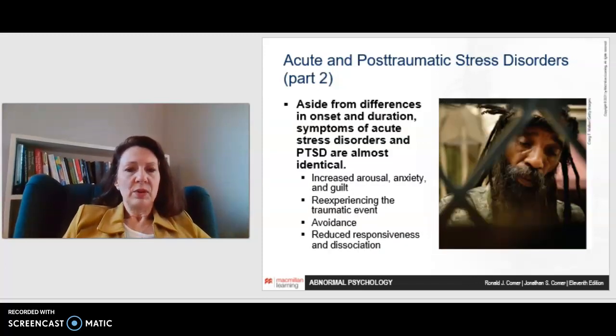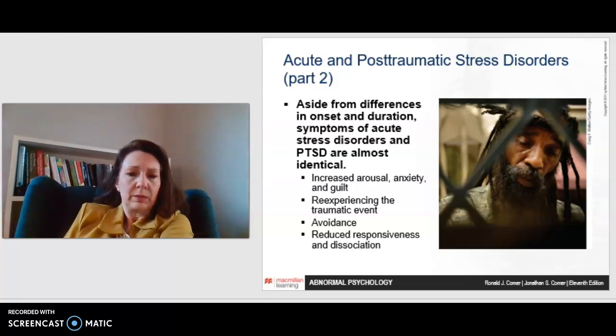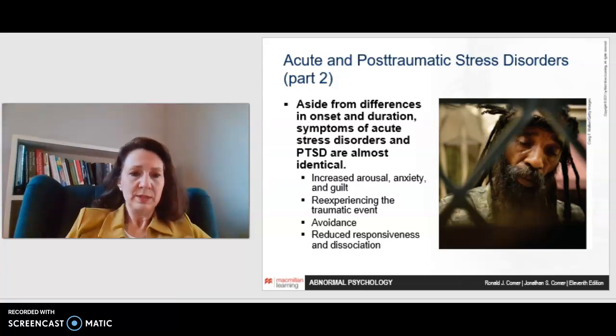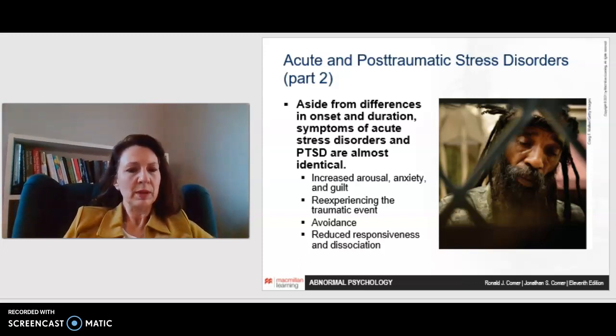Aside from differences of onset and duration, the symptoms of acute stress and PTSD are almost identical. We have increased arousal, anxiety and guilt, and the re-experiencing of the traumatic event that caused it. We have avoidance of similar events and circumstances, and reduced responsiveness and dissociation to the environment.